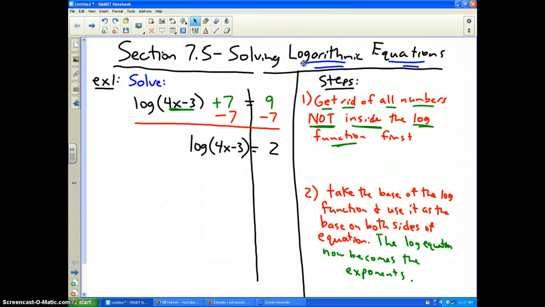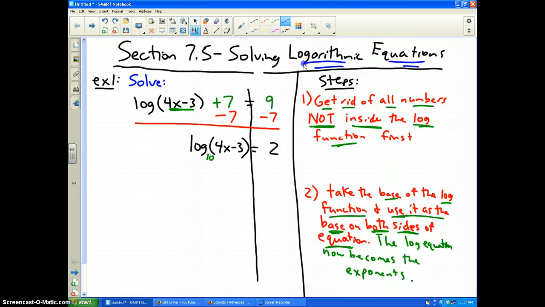Now it becomes kind of complicated as far as the understanding part. But step 2, take the base of the log function. So what's the base of the log function? Well, it's not written there. In a prior video, you learned that if it's not there, the base is 10. Take the base of that log function and now use it as the base on both sides of the equation.